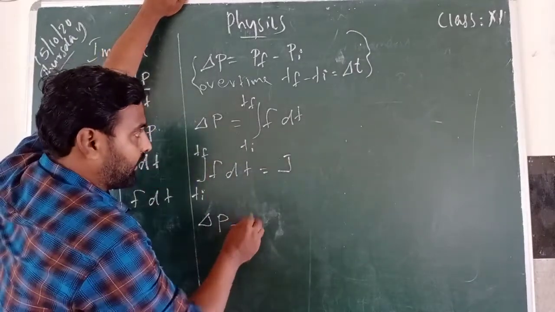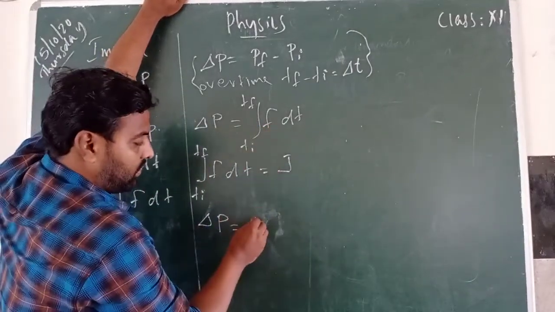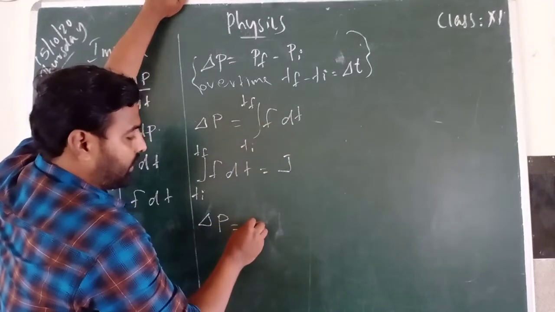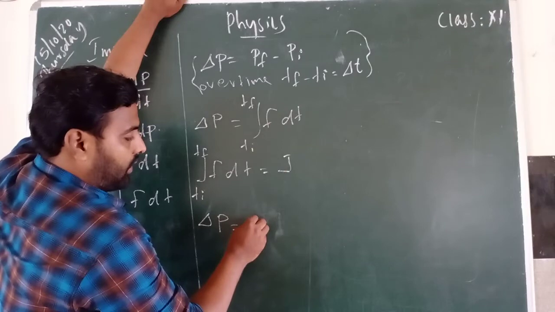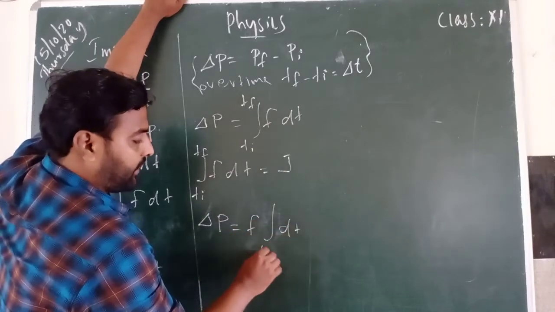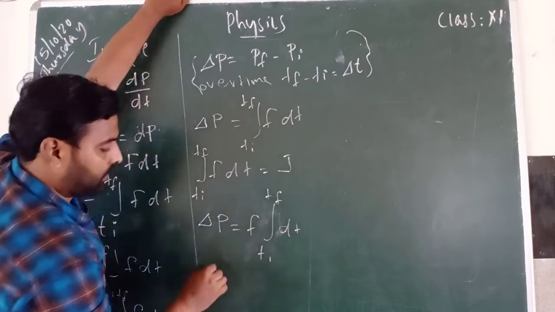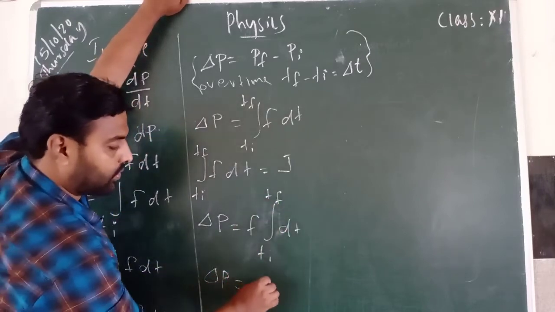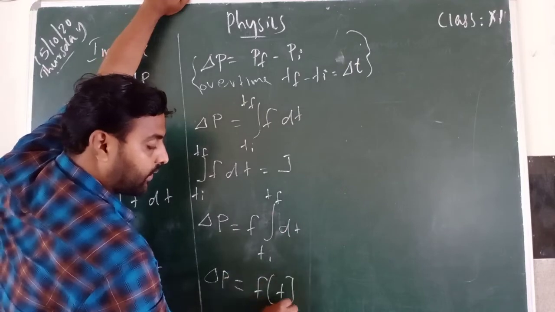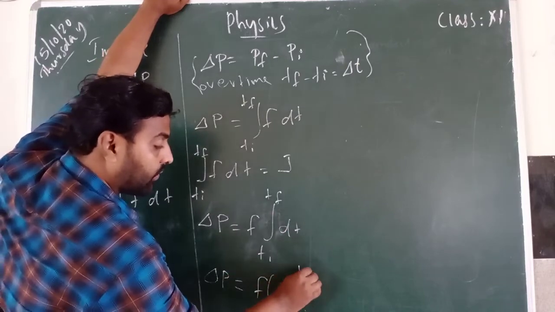Now we can integrate this. What will happen? F is constant. dt you have to integrate with limits Ti to Tf. So delta P is equal to F times t, from initial time to final time.